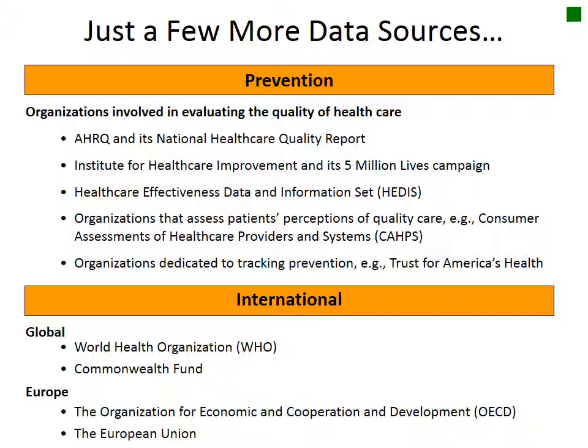Internationally, the World Health Organization, the United Nations, the Commonwealth Fund, the Organization for Economic Cooperation and Development, as well as the European Union are also involved in gathering health outcomes and conducting their own surveys, as well as countries reporting to these agencies, so that we can have proper surveillance and epidemiological work to conduct health promotion as well as health prevention.